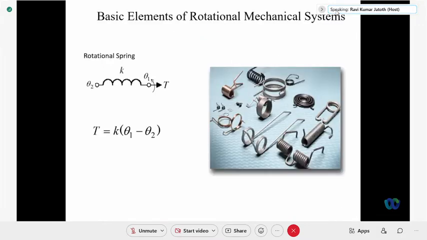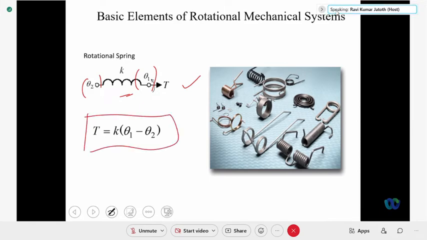This is the torque you are applying. The angular rotation is theta 1 at one end and theta 2 at the other, so the angular rotations are not the same. In that case, tau is equal to k into theta 1 minus theta 2. Is this all right, all of you?